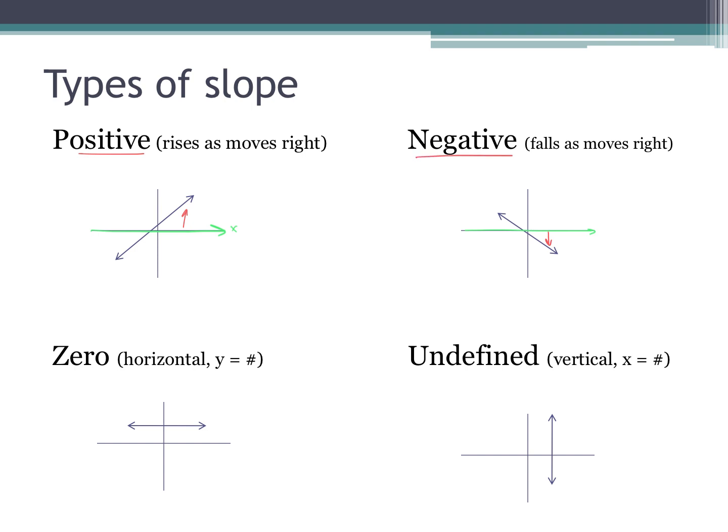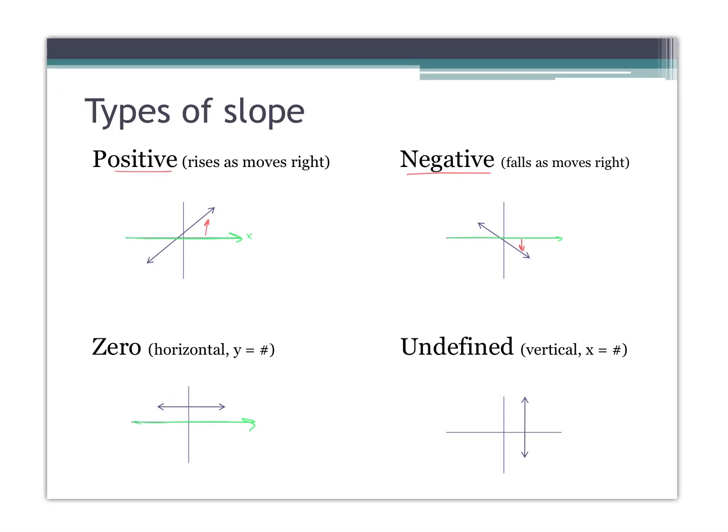If, as I move from left to right, there is no change at all in the height of my graph, it doesn't rise up or go down, then this is a zero slope. My slope equals 0, and it's a horizontal line.